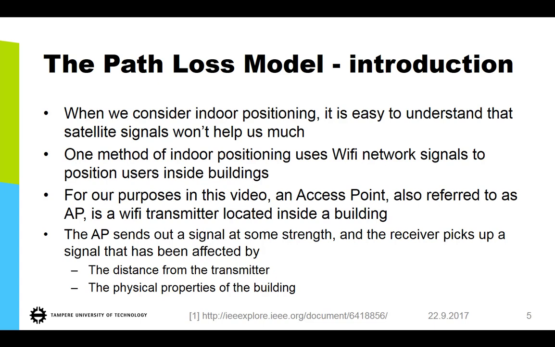For our purposes in this video, an access point, also referred to as an AP, is a Wi-Fi transmitter located inside a building. The AP sends out a signal at some strength, and the receiver, usually a mobile phone, picks up a signal that has been affected by the distance from the transmitter and the physical properties of the building. The path loss model aims to describe both of these.